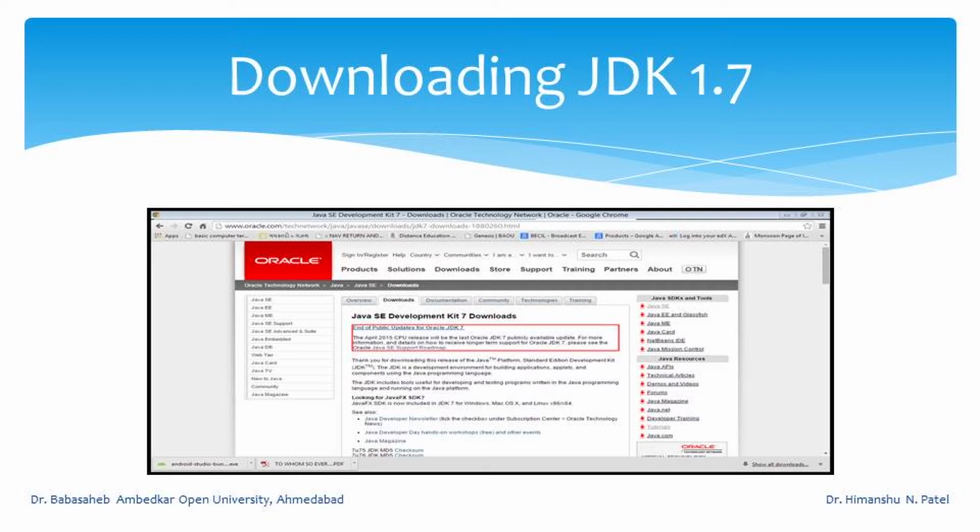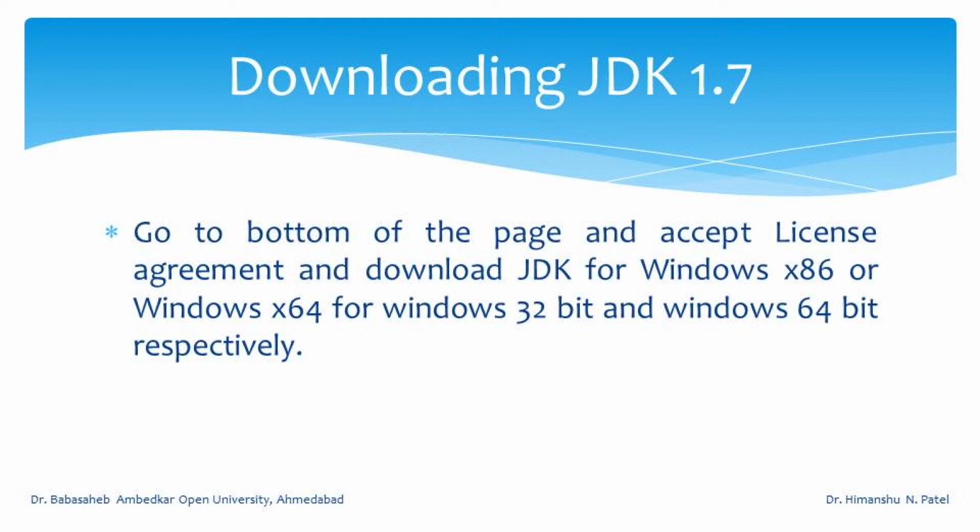Here you have to go to the bottom to accept agreement and the version that you want to download by pressing the scroll bar down. You have to go to the bottom of the page and again accept license agreement, as in the case of Android Studio. Then you can download JDK for Windows x86, which is 32-bit system, or Windows x64, which is 64-bit version. So, depending on your system, you have to download either 32-bit version or 64-bit version.